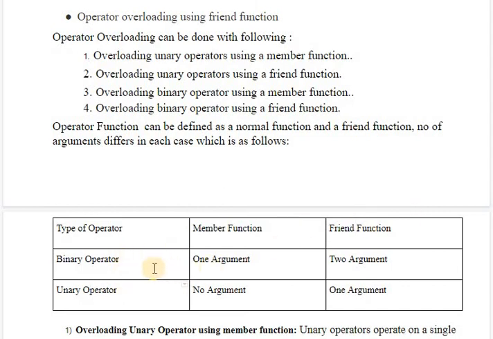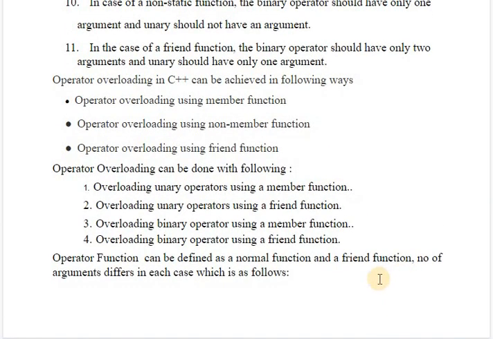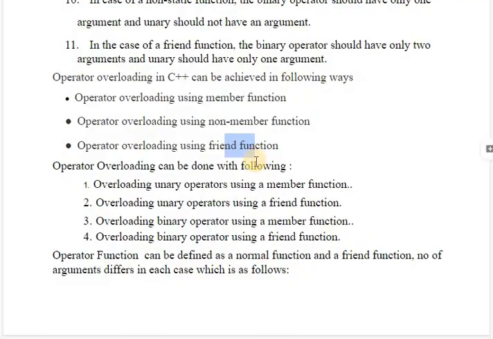If I have a binary operator and I am overloading it using a member function, it will contain one argument, and if I am overloading it with a friend function, then it will contain two arguments. If I have a unary operator, in case of a member function it will have no argument, and in case of a friend function, it will have one argument. So we will see the examples also. And we can write operator overloading using a member function and as a friend function also.